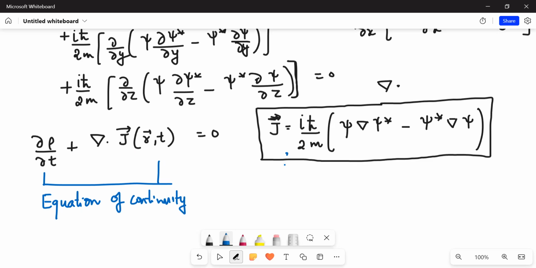This particular thing is called the probability current density.